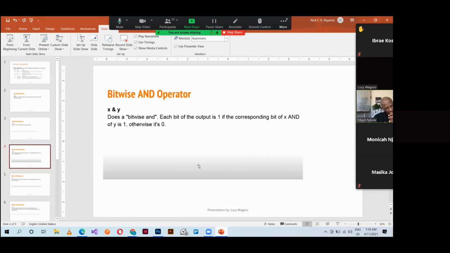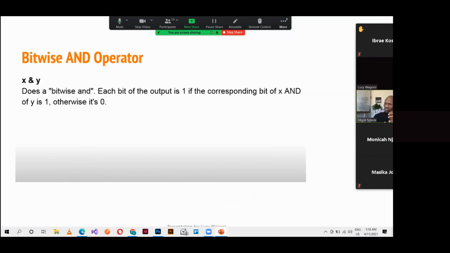The next thing we are going to do is check on the AND operator, X and Y. So what does AND do? It does a bitwise AND. Each bit of the output is 1 if the corresponding bit of X and of Y is 1. Otherwise, it's a 0.